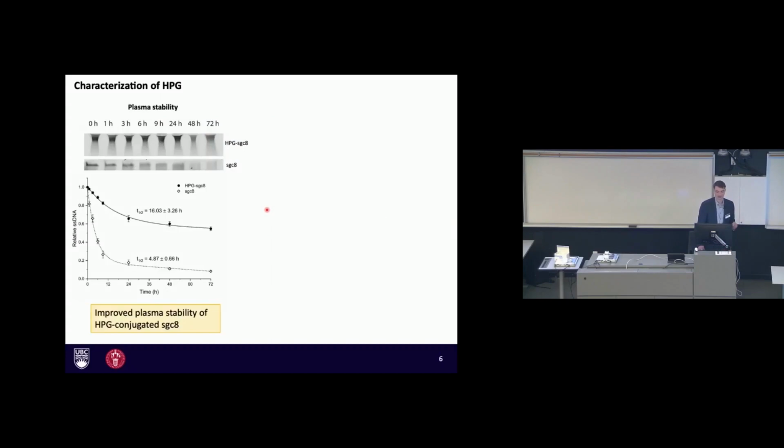One big problem of aptamers is they are small, but also very susceptible to nuclease degradation. So we were really excited to see that by just conjugating SGC8 to HBG, we were able to protect it quite significantly from nuclease degradation. That was very nice to see.